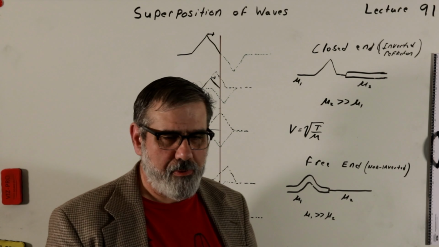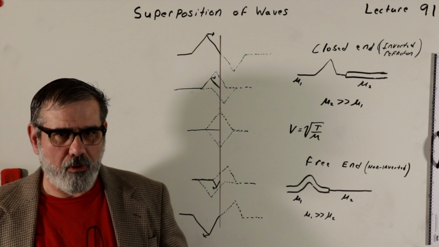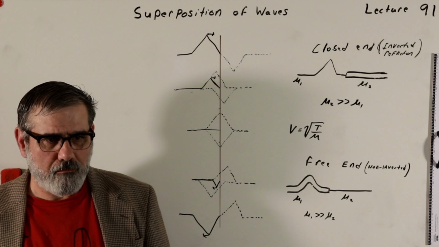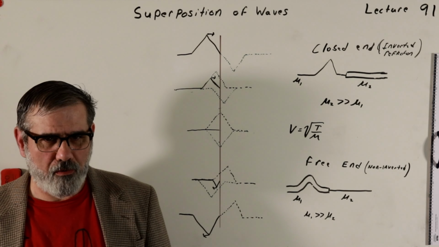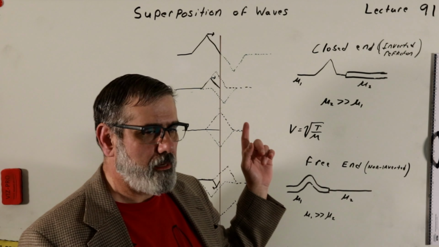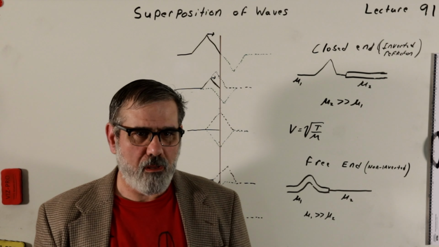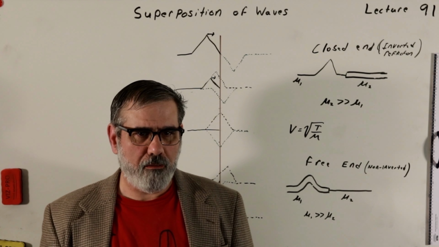And the reason we would expect no reflection is because it's just one continuous rope. Does that make sense? Do you see that scenario? This is where if mu1 is equal to mu2, that means they have the same linear density. That means their wave speeds are the same. So it's like there's no rope, okay?